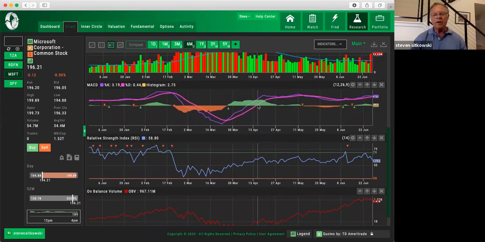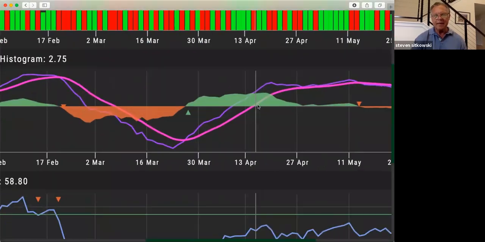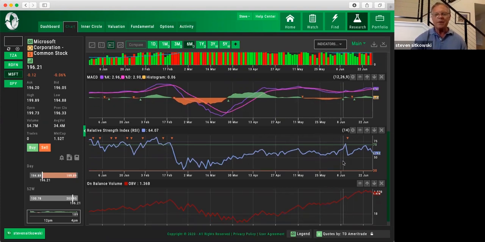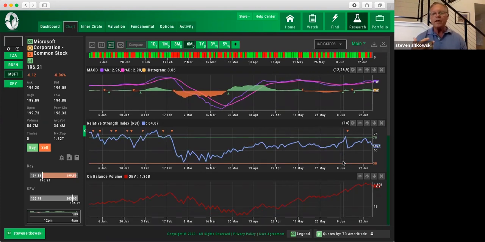So when the histogram is green like that, it is bullish. When the histogram is red, it is bearish. The greater the divergence, or the bigger the difference between the top and bottom, the more powerful that trend happens to be. Below it, we have the relative strength index, letting me know if the strength of the trend is improving or weakening, and then finally on balance volume.